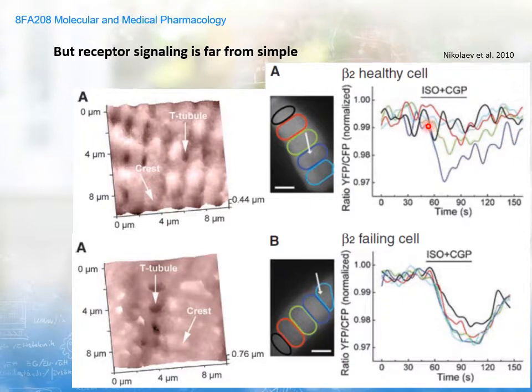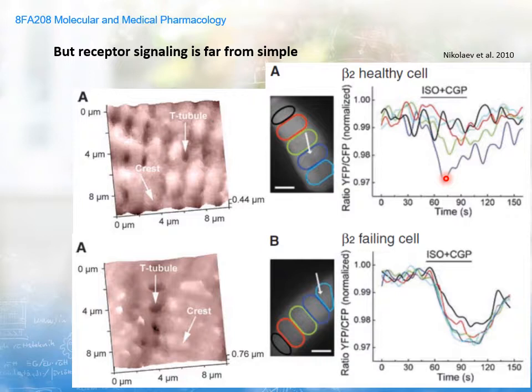Actually, this is a decrease in the ratio of fluorescence, which indicates an increase in cyclic AMP. So what this is showing you is that in healthy cells, you have a clear compartmentalization of cyclic AMP. Cyclic AMP is stimulated in some places of the cell and not in others.